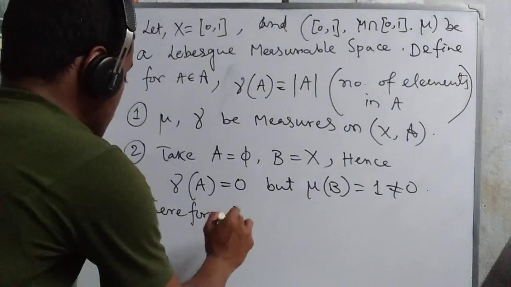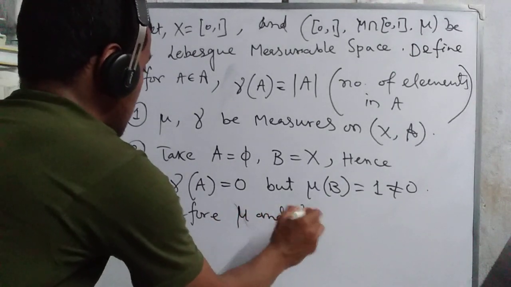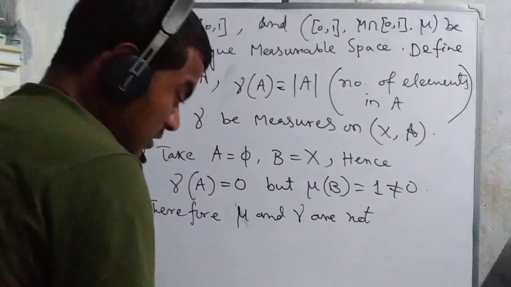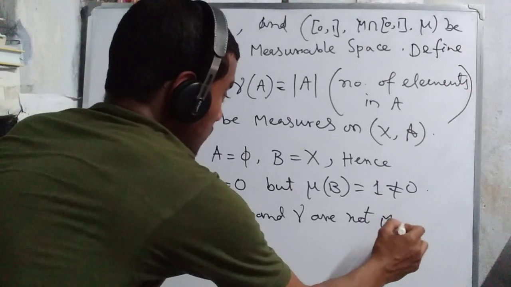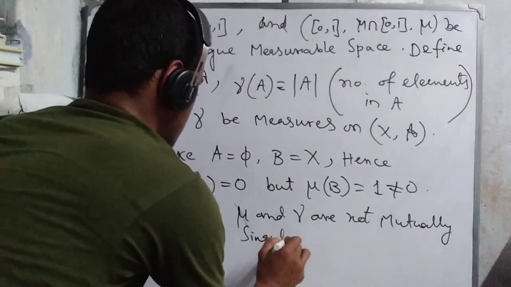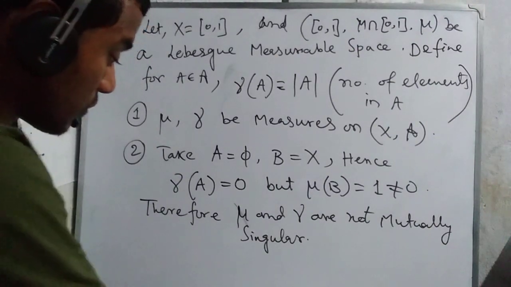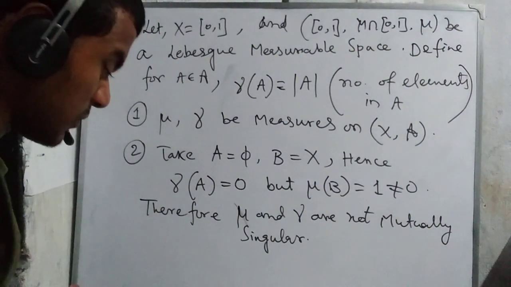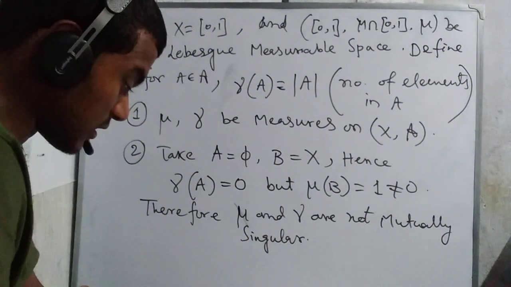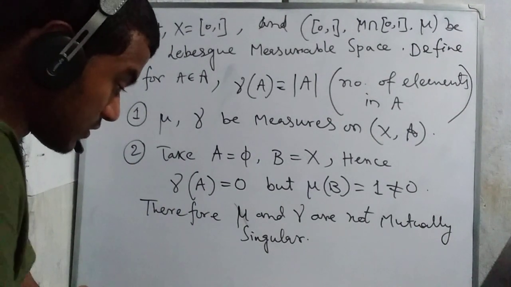Therefore mu and gamma are not mutually singular. So we also discuss which one is mutually singular and which one is not.